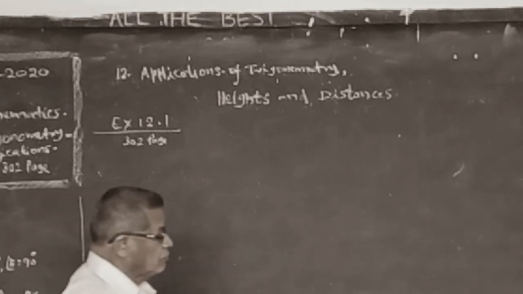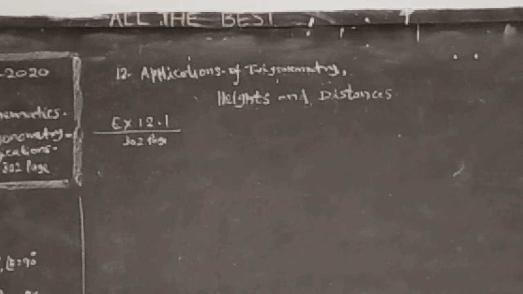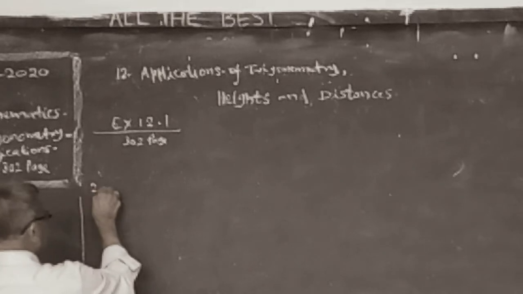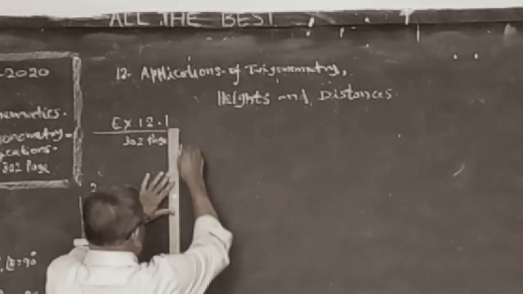Actually, during a storm or cyclone, we observe trees on the side of the roads falling down. One problem like that is given in this exercise. Second question, a tree is like this.